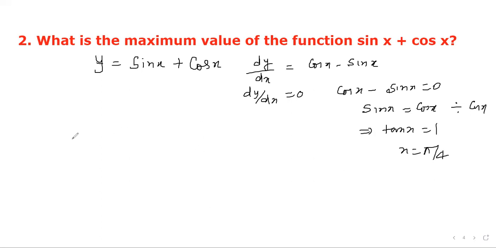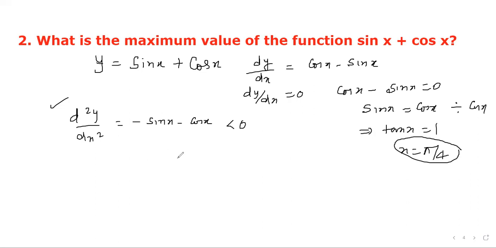Now we try the second derivative. d2y by dx2 will be minus sine x minus cos x. So when we put this value of x here, we get d2y by dx2 less than 0. Hence the function is maximum and the maximum value can be found by putting the value of x here.